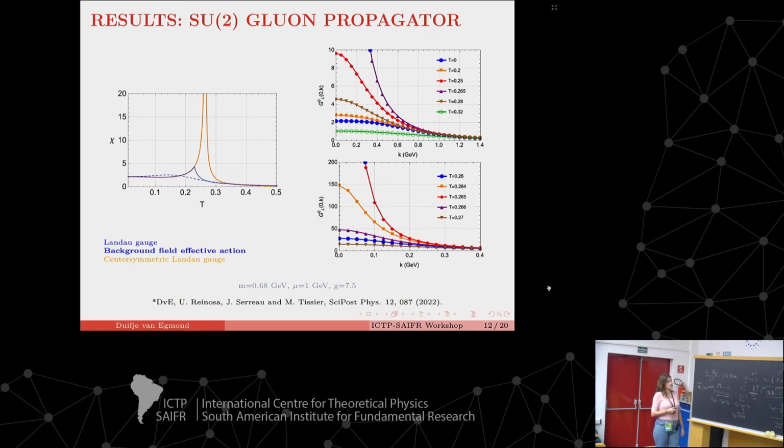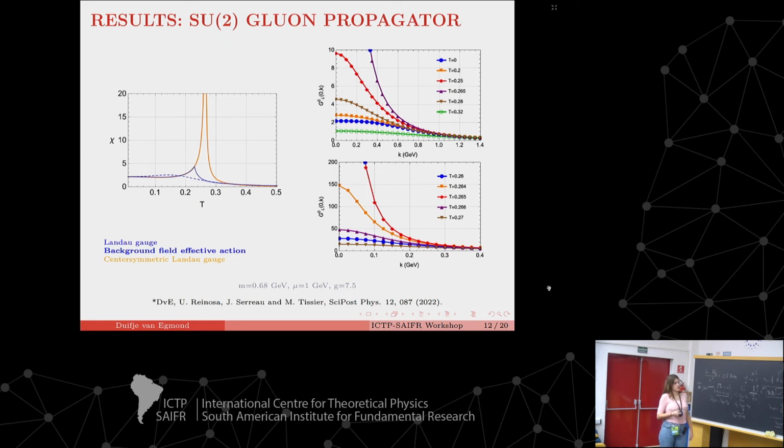For the background field effective action, there is a rise here, but not a divergence. And only in our proposal of the center-symmetric Landau gauge, we see this expected divergence, so a real signaling of the deconfinement transition at TC. Here on the right side, we have the full propagator that we calculated for this work, and you see the same behavior, so you see a divergence of the propagator only at TC.